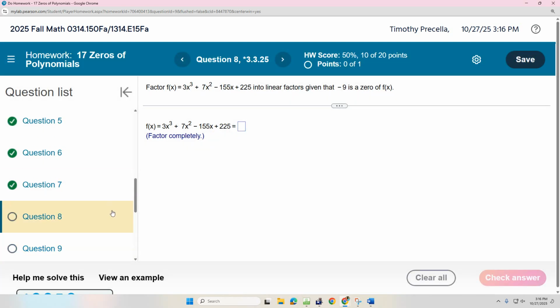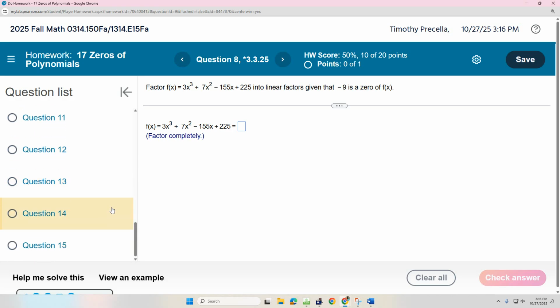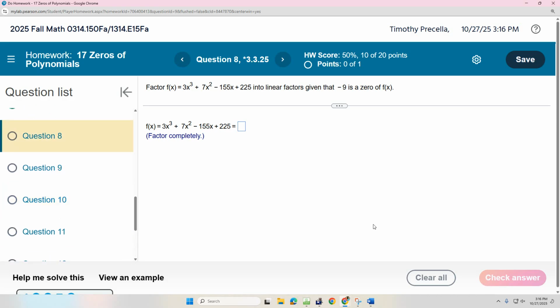Same instructions, just bigger numbers. The thing we're trying to factor is f of x equals 3x cubed plus 7x squared minus 155x plus 225.